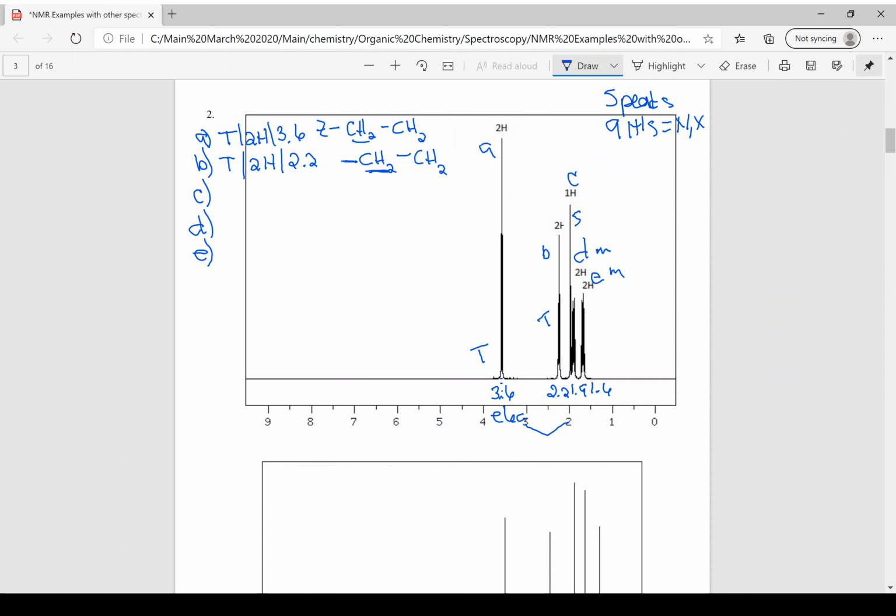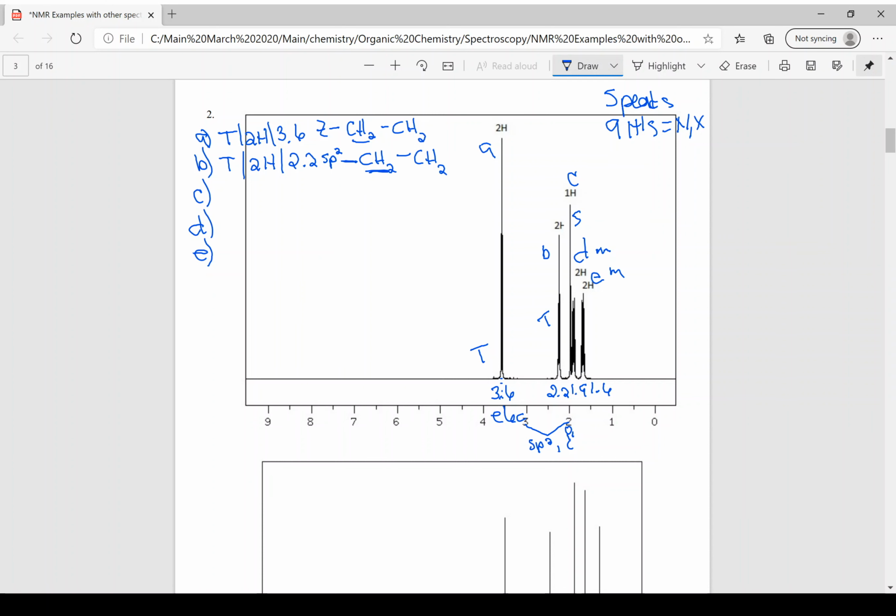This 2 to 3 world belongs to anybody connected to an sp2, and that includes going on with a carbonyl. I don't have any proof of a carbonyl, but it could be right here. So I'm just going to put a little sp2, because that's what most often occurs between 2 and 3.